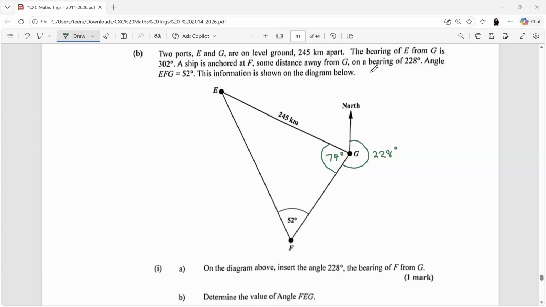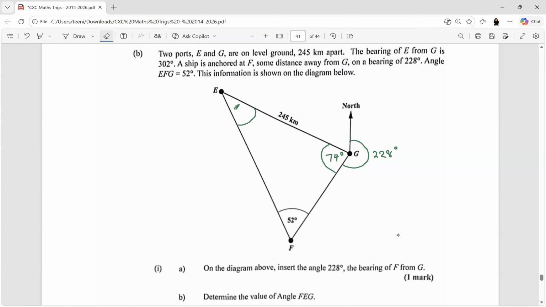How you got that? I add 52 and 74. Right, but then the third angle. You have to minus it from 180 because the three angles in a triangle add up to 180.